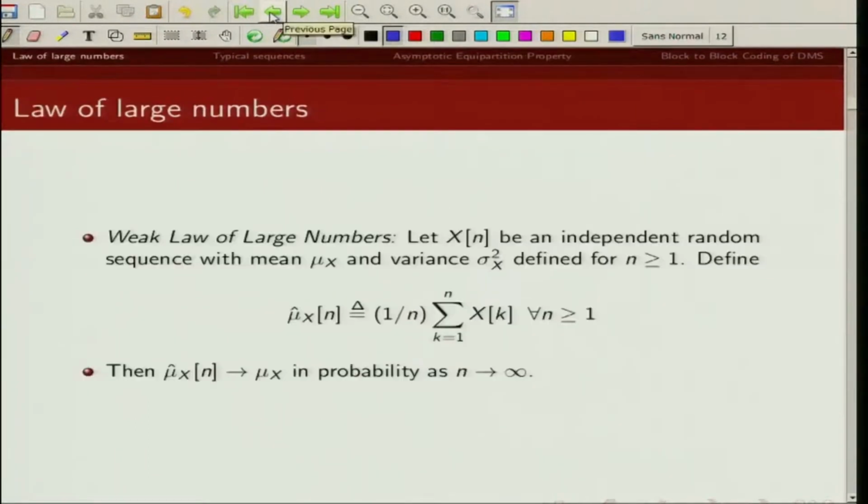Now, the weak law of large numbers says this converges to the mean mu of x in probability as n tends to infinity. Let us first show what we mean by this converging to the true mean mu x when n is very large.